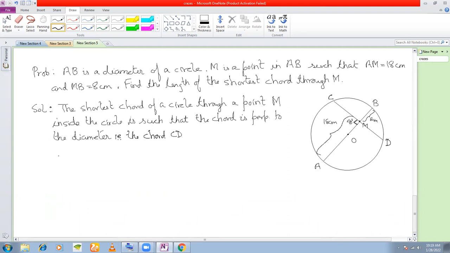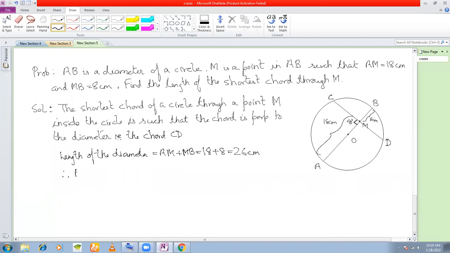So what is the radius? What is the length of the diameter? So, AM plus MB. Length of the diameter is AM plus MB, which is 18 plus 8, which is 26 centimeters.